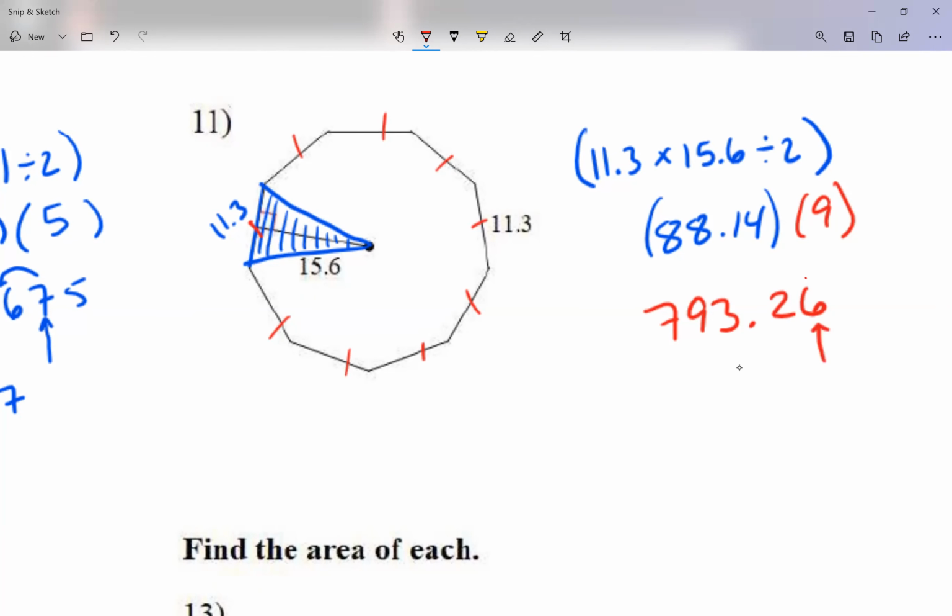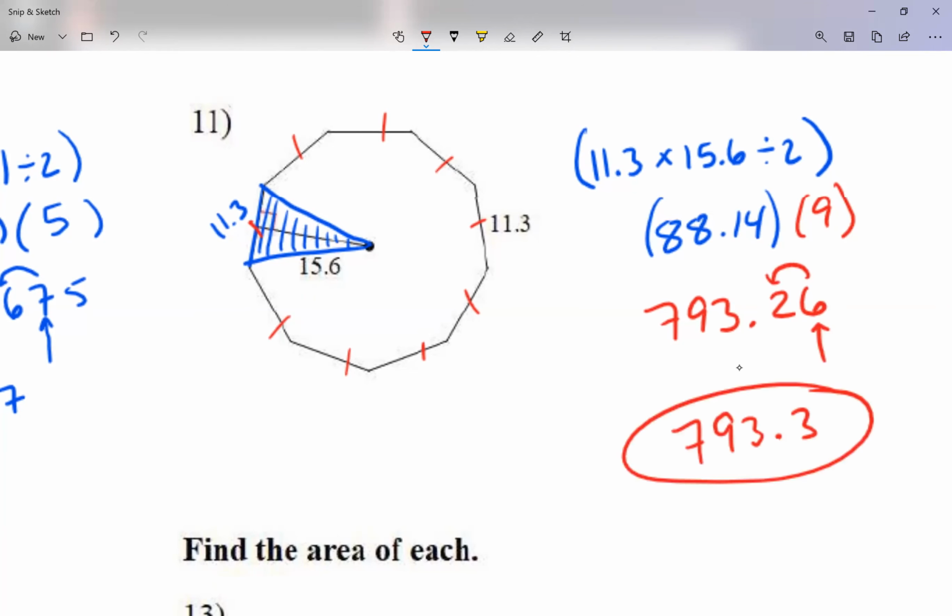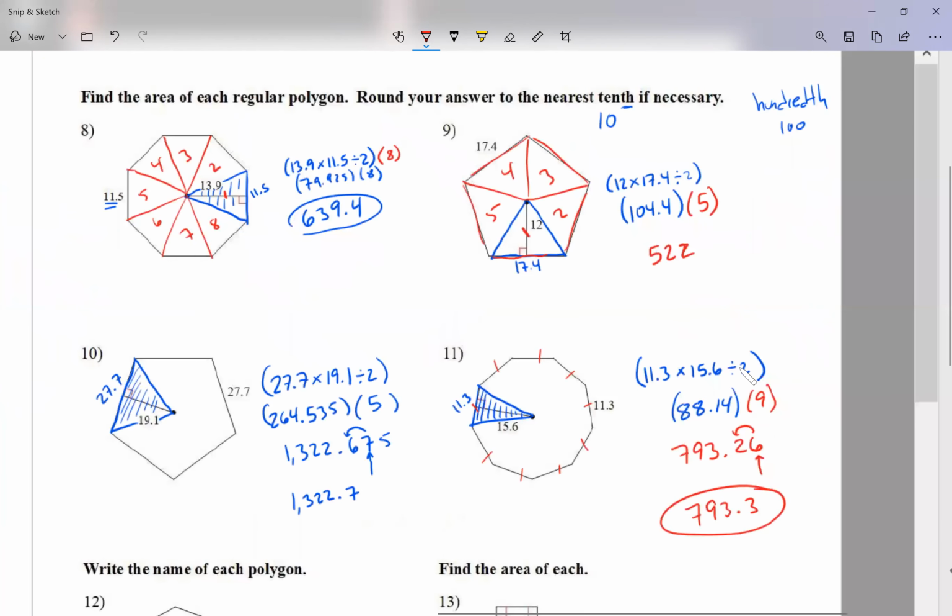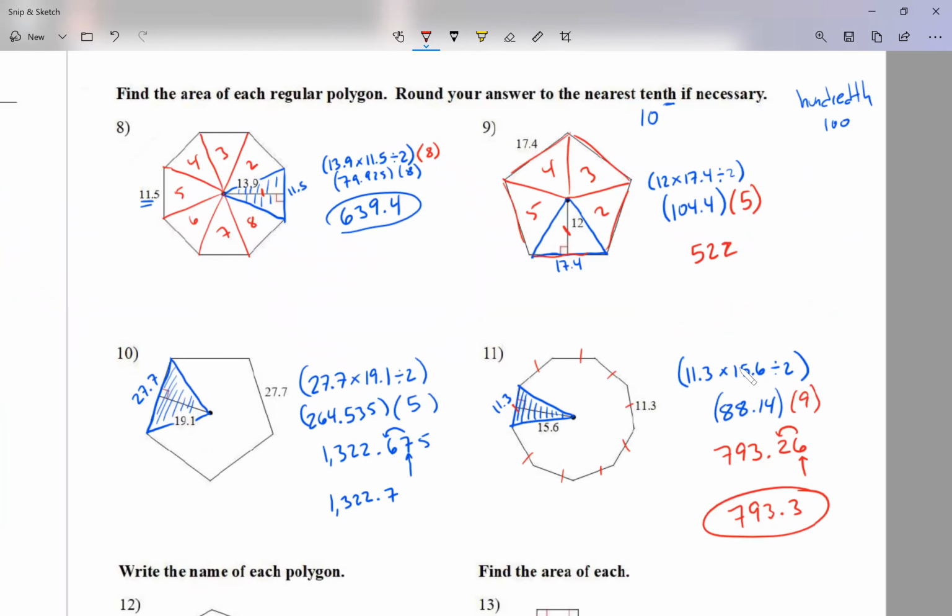It is big enough, so it pushes the previous number up. So my number is 793.3. The 6 was big enough, so it pushed the 2 up. Again, for polygons, the way we're going to do this is look at the area of one triangle and multiply it by how many sides there are.